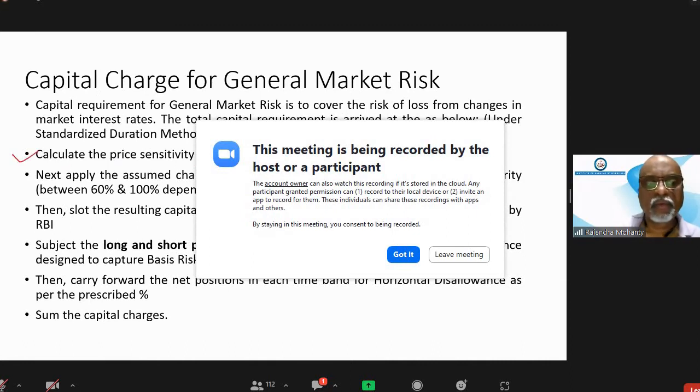Calculate the price sensitivity or modified duration of each security. Then you know the market value, already known. The modified duration you calculate, or if it is already there, you take it. Then apply the assumed change in the yield to the modified duration of each security, which is between 60 to 100 basis points depending on the maturity of the security, as prescribed by RBI.